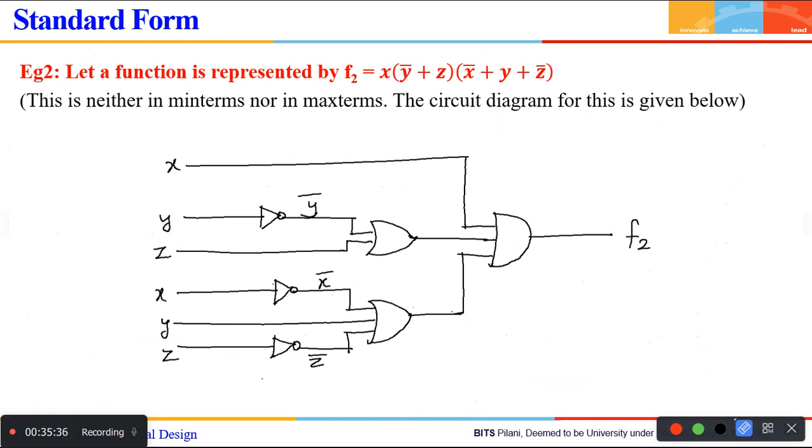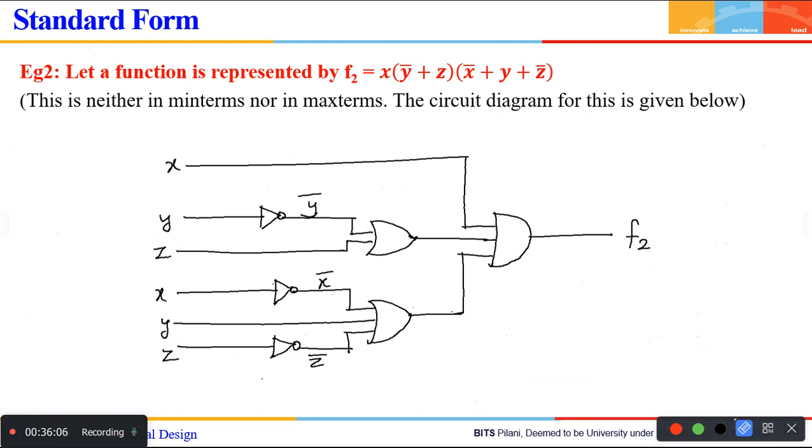See this. There's another equation. You have x into y bar plus z into x bar plus y plus z bar. Now you don't know whether it is a min term or max term, because both are there in that.